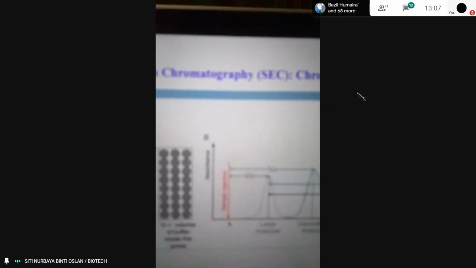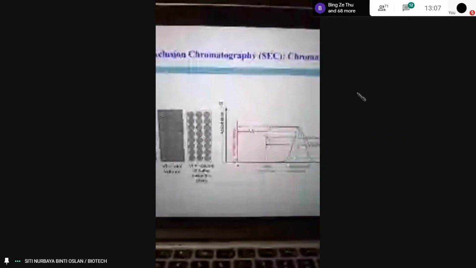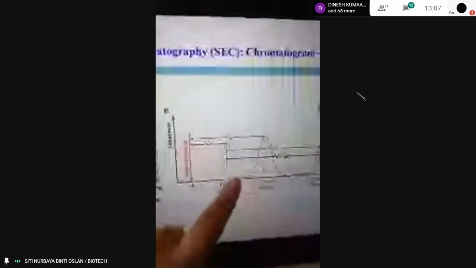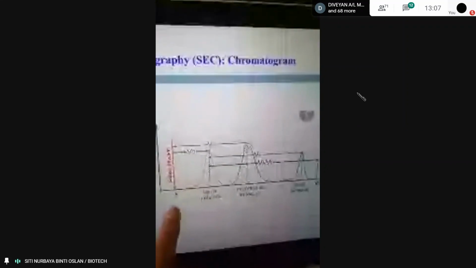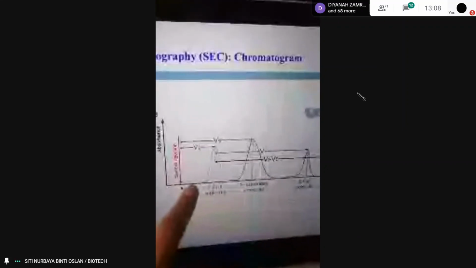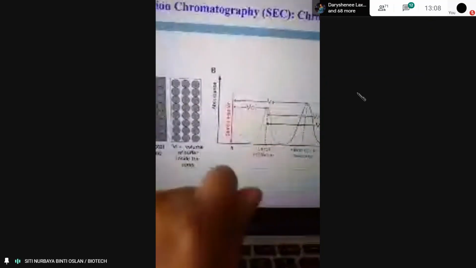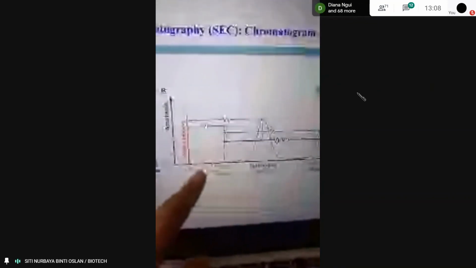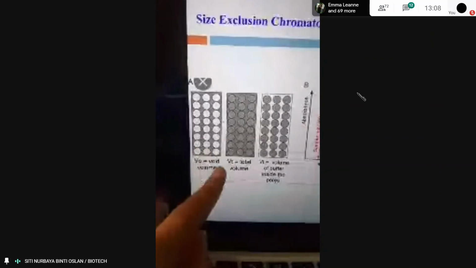Okay, meaning that from here to where the first molecule comes out, this is called the void volume. This volume is just the volume of the buffer before you apply your sample. It represents the volume of the buffer.